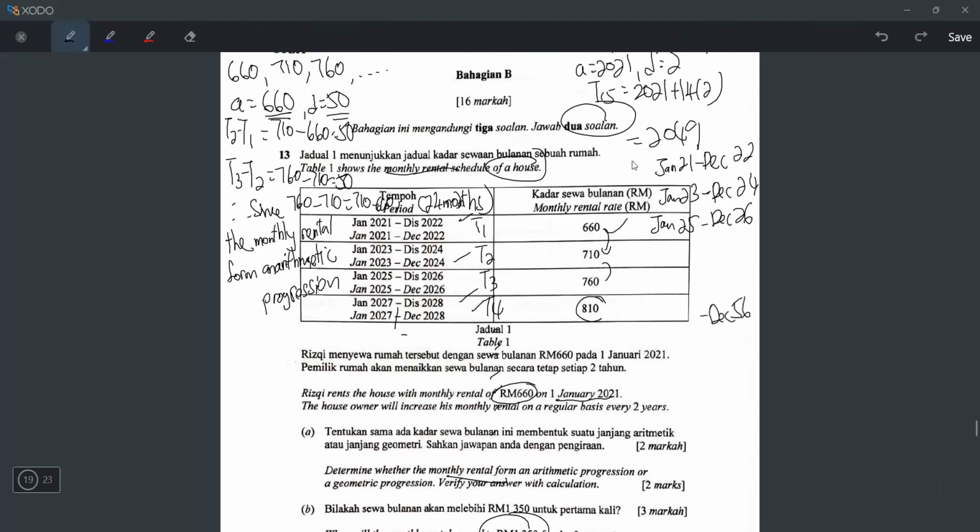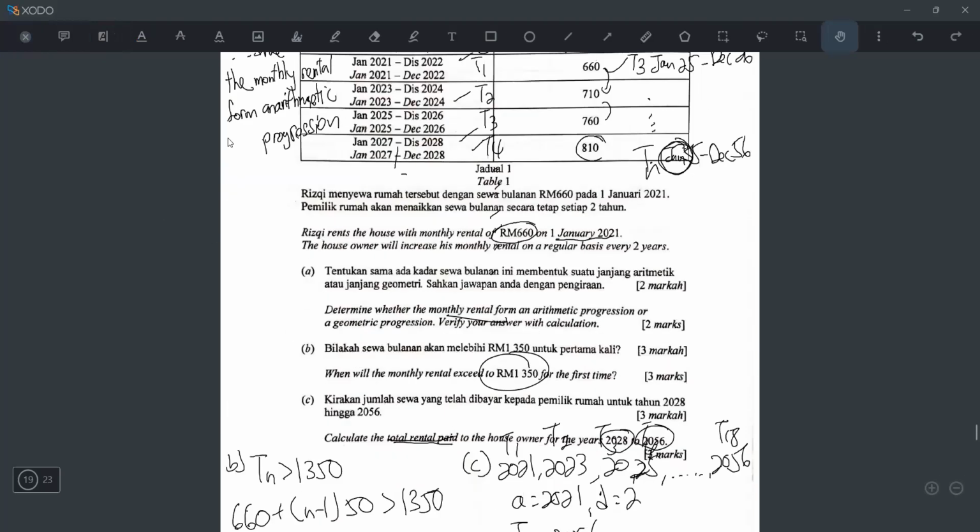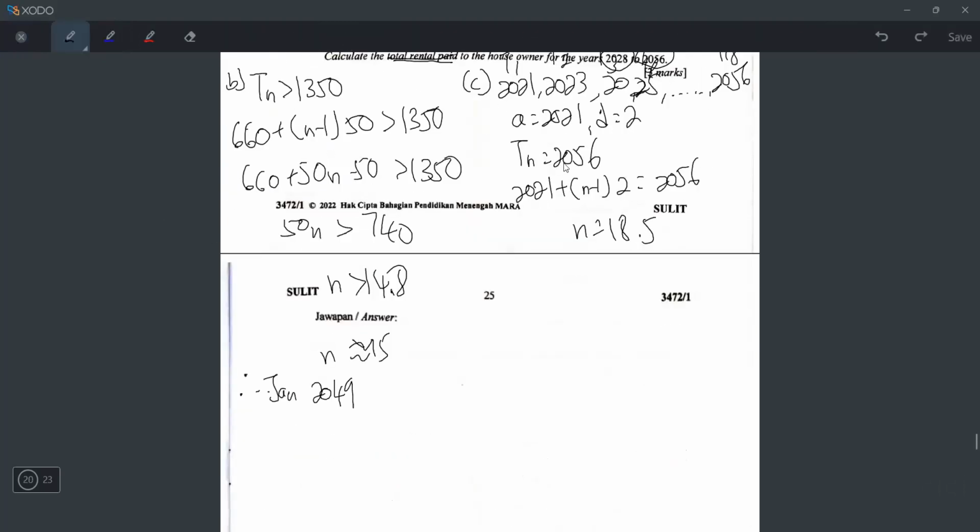So this will be T1, this will be T2, T3. So until which Tn does it reach here? But we should know that December 56 means I have to subtract, then it becomes January. 21, 23, 25, if you look here, it's like minus 1, right? 21, 22, 23, 24, 25, 26. It means this should be 55, right? Because this is December 2056, so this should be January 55. So the correct way is actually Tn equals 2055.